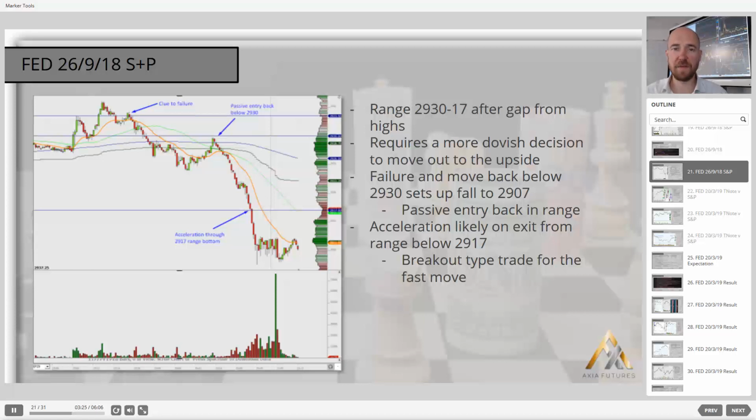And the other thing to be considering here, remember the overall structure that we had on the hourly chart. If you get out of that range at 29.17, you could then see a further acceleration. So even if you're not in from 29.30, even if you don't trade it until we get that little bit lower down, the move through 29.17 is the point where everyone who's long in the range of 29.30 to 17 is then wrong.